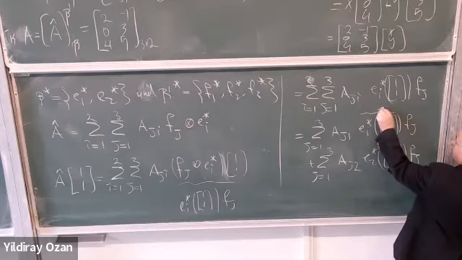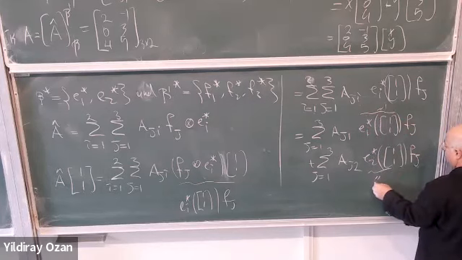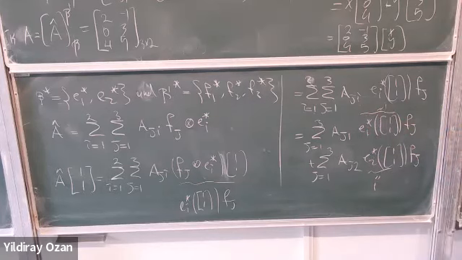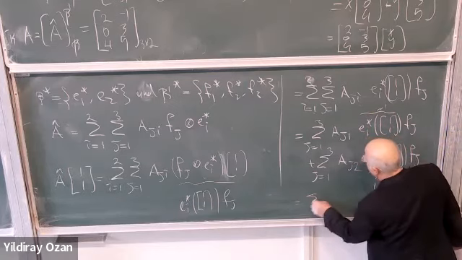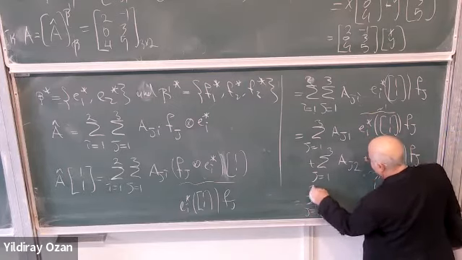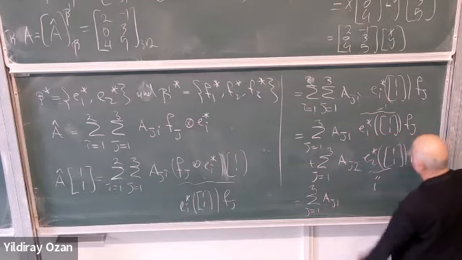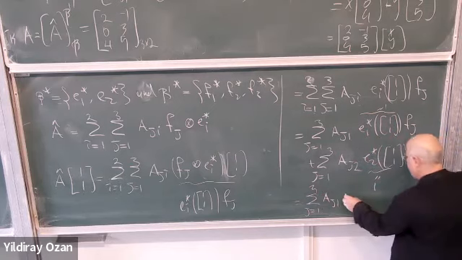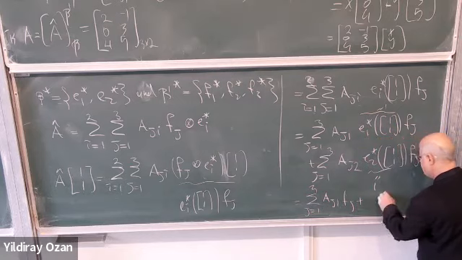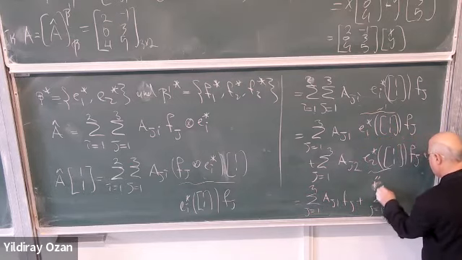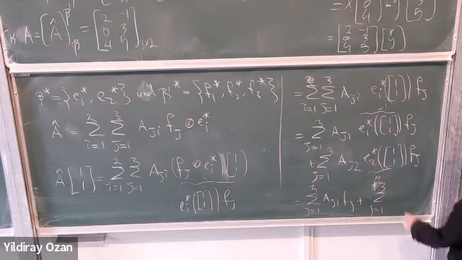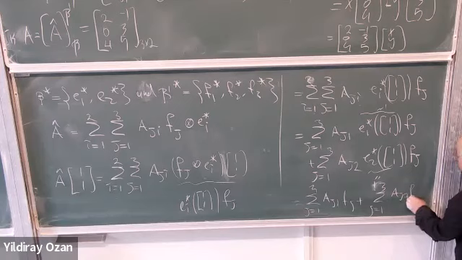So what we see is that the sum over j from 1 to 3 of a_j1 F_j plus a_j2 F_j.